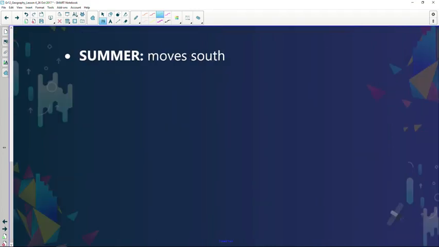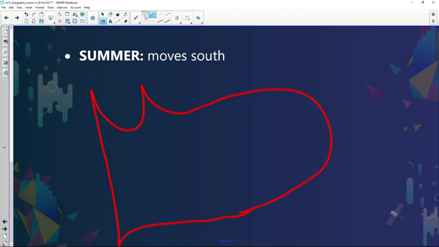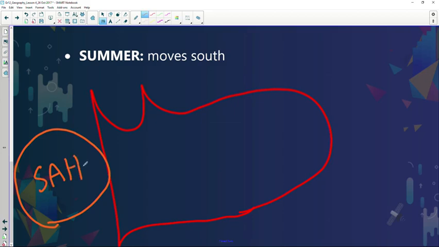Now, if this is South Africa, and what's important, you need to know the characteristics of your high pressure systems. So let's draw the South Atlantic high pressure belt, high pressure cell. Now what do we know is the air circulation in a high pressure system? Anti-clockwise in the southern hemisphere.